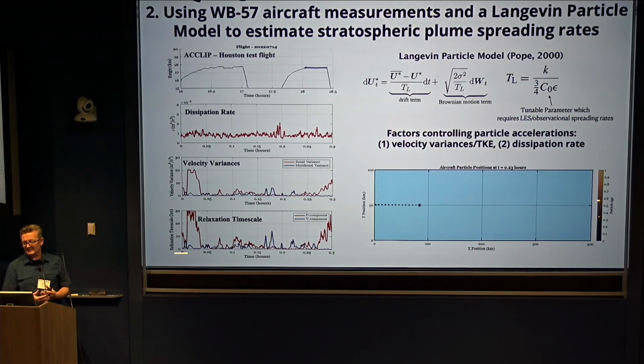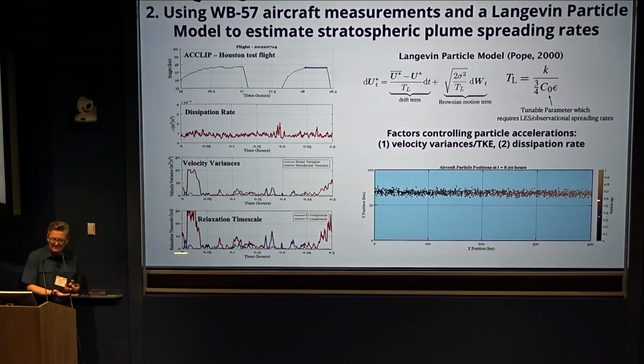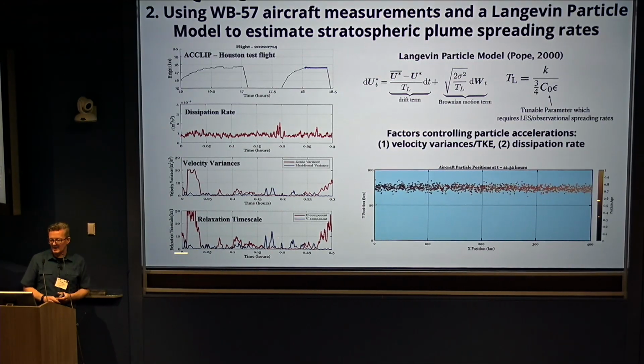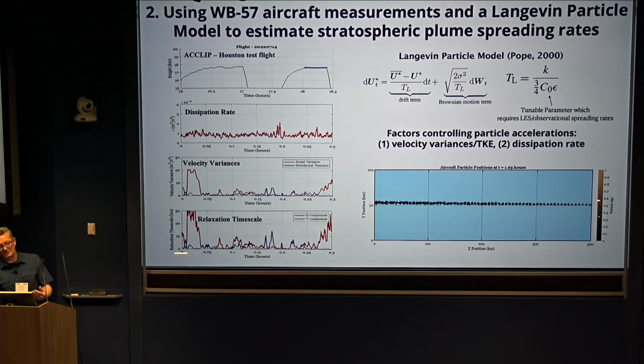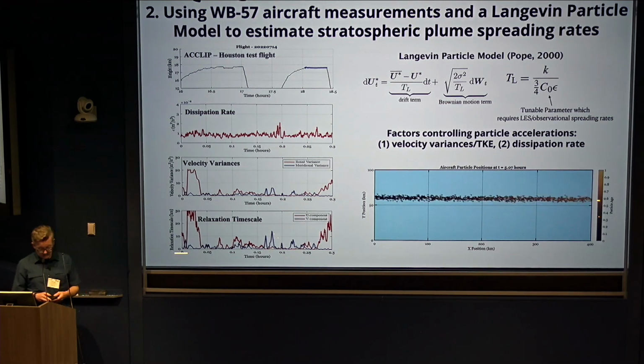So this is an example where an aircraft is flying through, and we're taking the observational turbulence parameters, which are basically turbulent velocity variances and a turbulent dissipation rate, from observational data, in this case ACLIP, which is a WB-57 NASA aircraft flight.